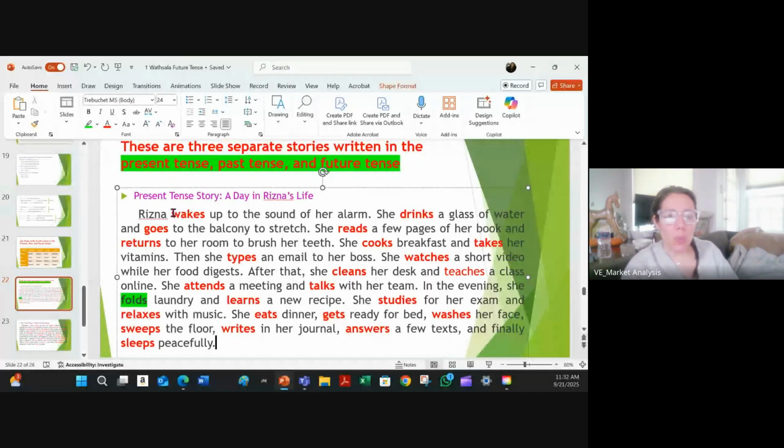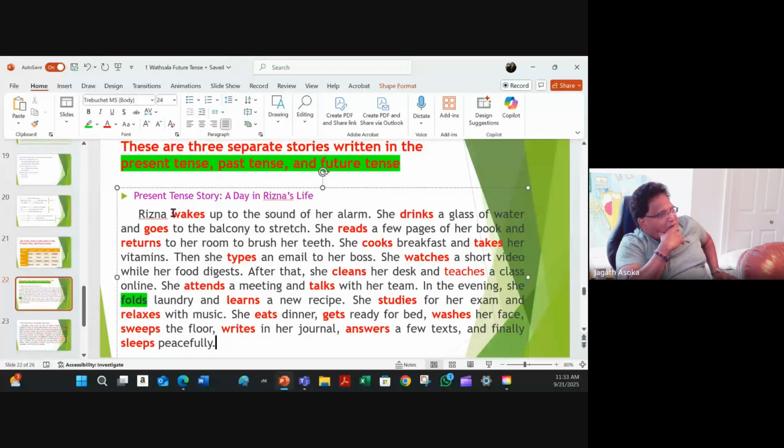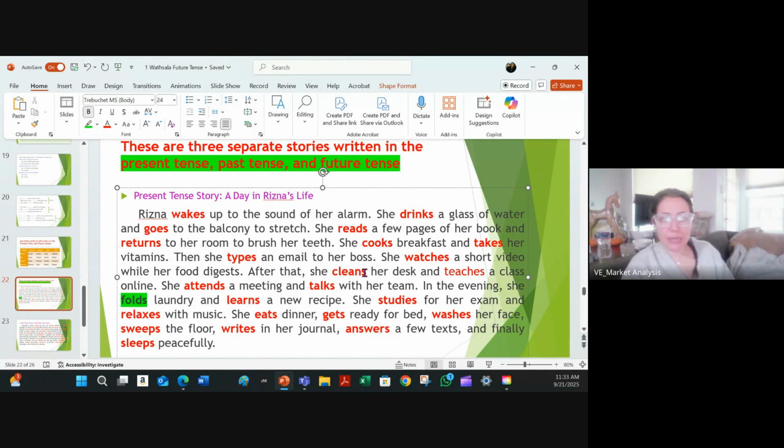Okay, we wake up to the sound of our alarm. Okay, that's good. Then we drink a glass of water and go to the balcony to stretch. We read a few pages of our book and return to our room to brush our teeth.